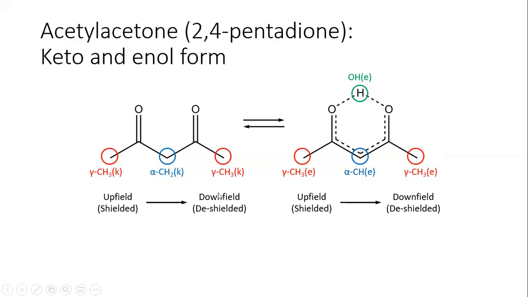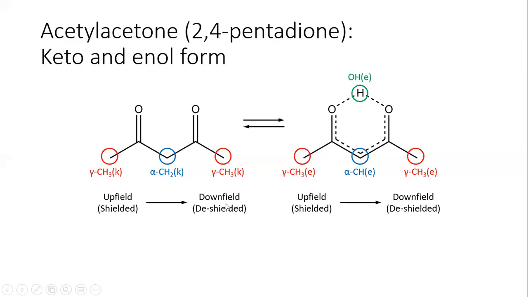We understand the upfield and downfield in terms of their shielding. So an upfield proton is more shielded, and a downfield proton is deshielded. So what do we mean by shielded and deshielded? A shielded group of protons means that they have a pretty big electron cloud surrounding the proton, and so it doesn't feel the external magnetic field of the NMR instrument.